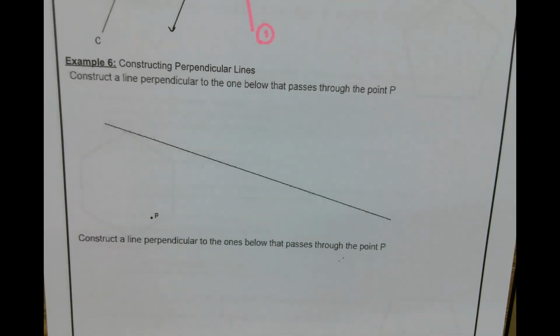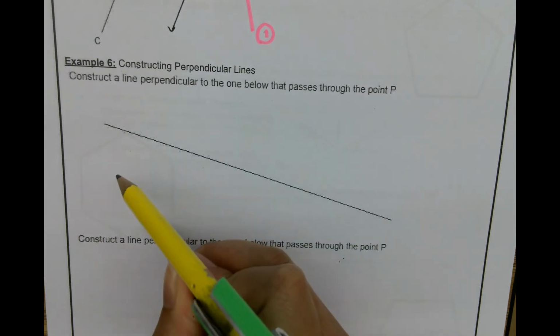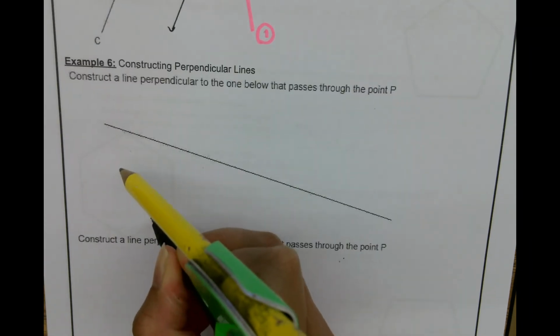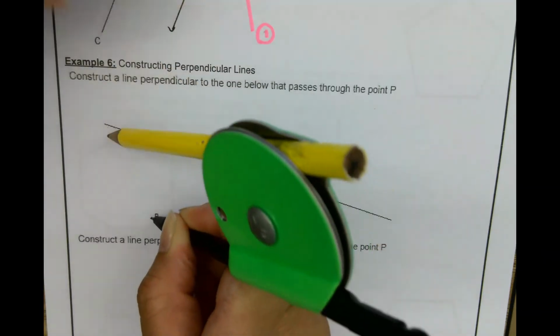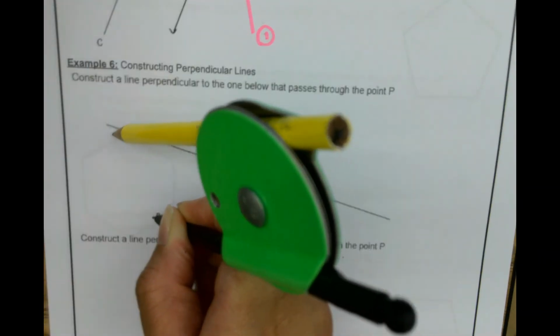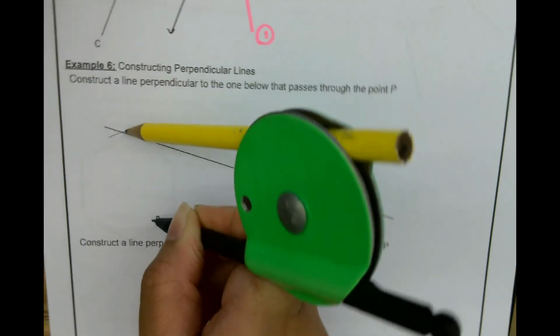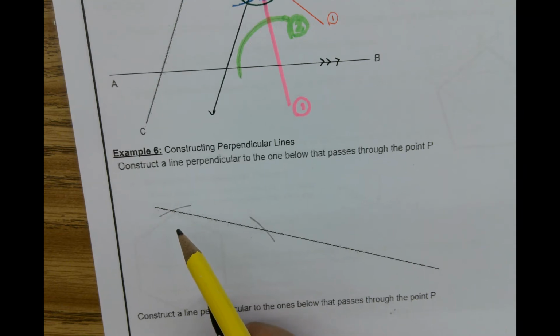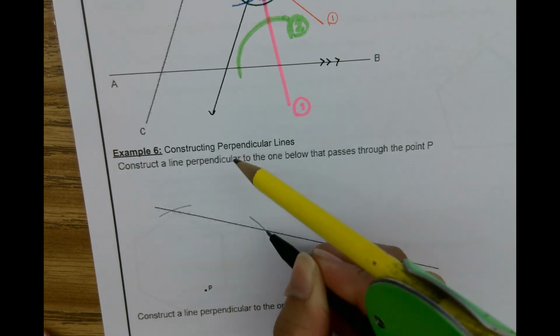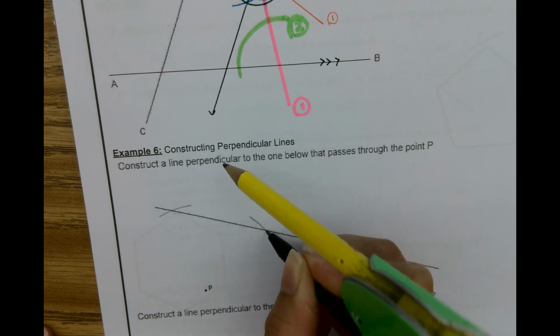So we're going to start at the point we want to go through. We're going to open our compass so that way it crosses the line twice. So once here, once here. Okay. Then from where it intersected the line, I'm going to make another arc.